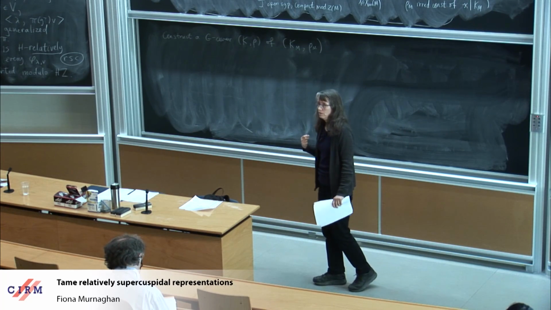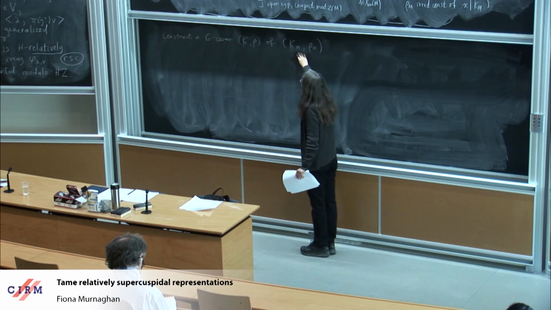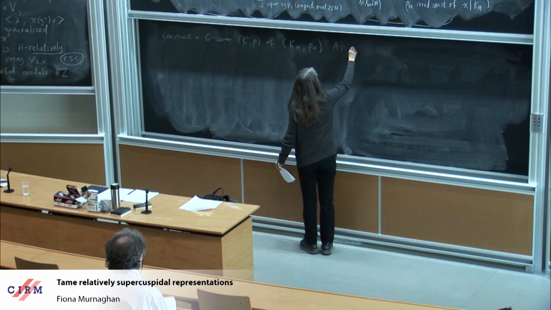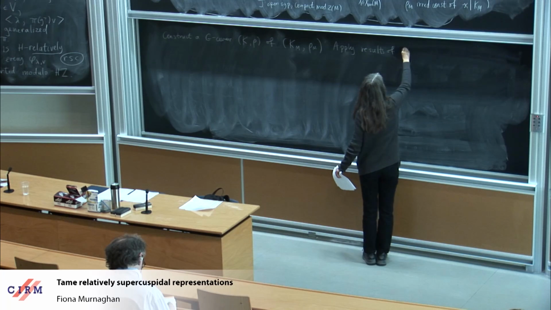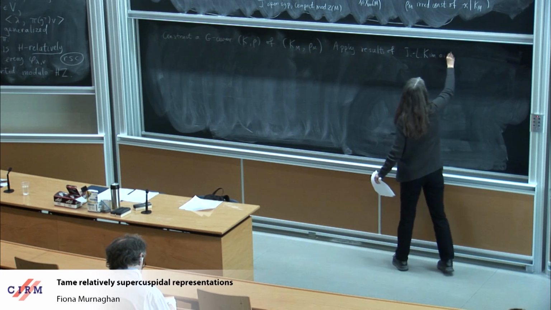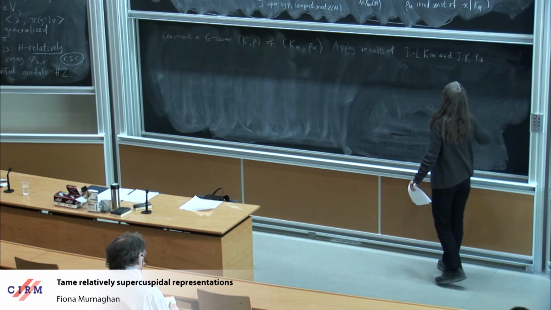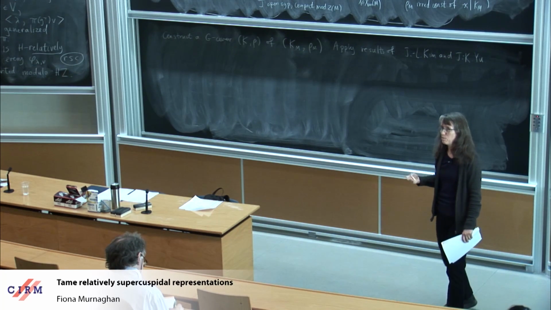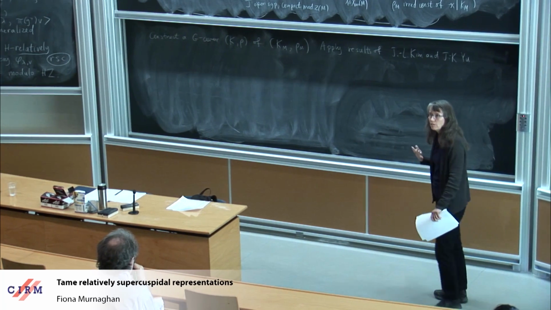These notions were all described by Bushnell and Kutzko. So how do we do this? Well, we apply results of Jiu-Kang Yu and Kim, JKY, where actually they construct G-covers of types that occur in tame supercuspidals. So I'm just using their types here.